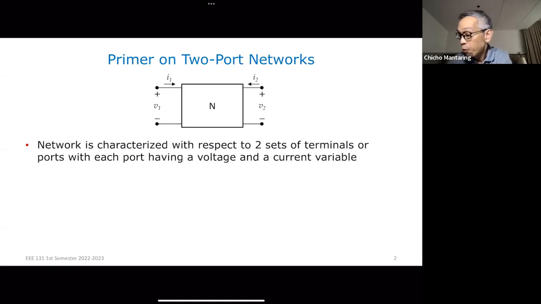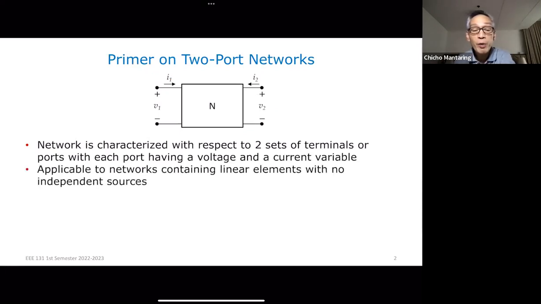So, for example, you have this port, then you have both a voltage and the current associated with this port, and then you also have this port, port 2, with a voltage and a current associated with it. Typically, one port will be the input and the other port will be the output. So this might be your input port and this might be your output port.